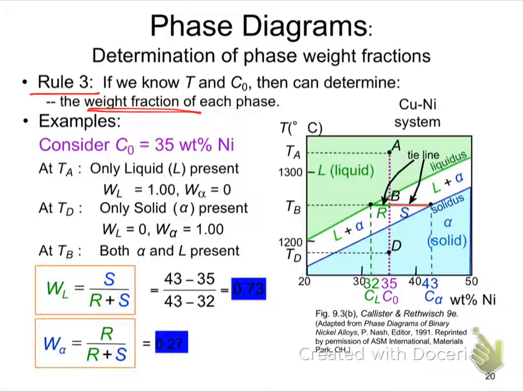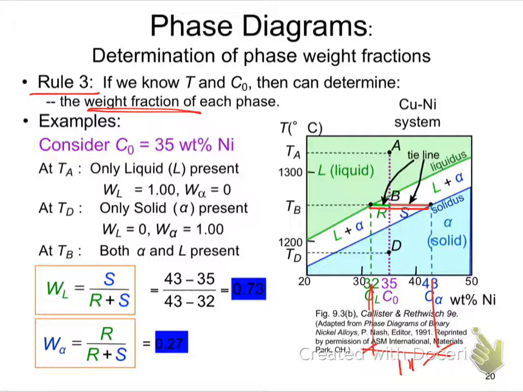If we know temperature and concentration, then we can determine the weight fraction of each phase. Okay, we have our tie line that we've been discussing, and there's a distance or a length for that tie line. We can take 43 and subtract off 32, which is 11.